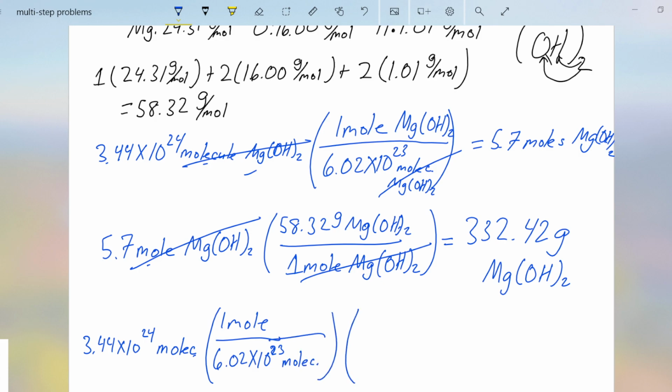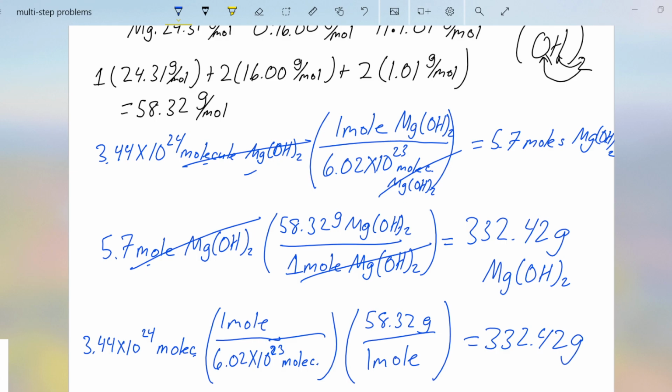And then I multiply my second conversion factor to that, I put 58.32 grams on top, 1 mole on the bottom, and then my total answer once I do all this multiplication, which would be that 3.44 times 10 to the 24th, and remember, put that in parentheses, divided by, again, parentheses, 6.02 times 10 to the 23rd, and then multiply that by 58.32, I will get 332.42 grams. Either way works.